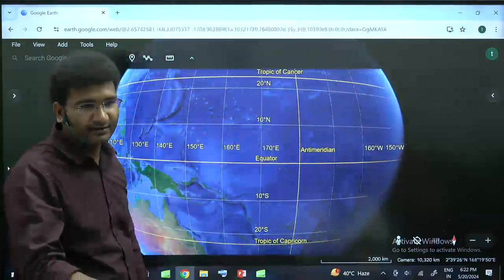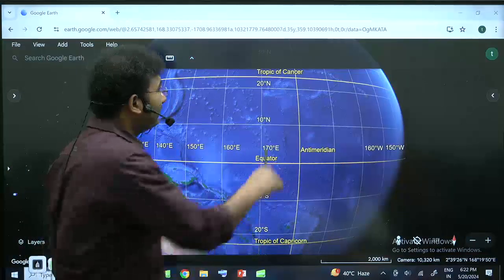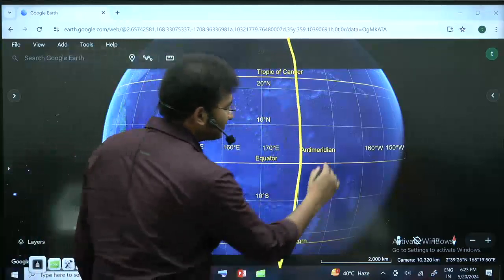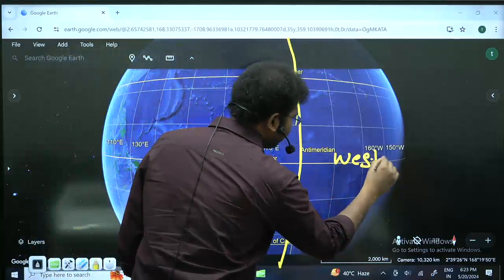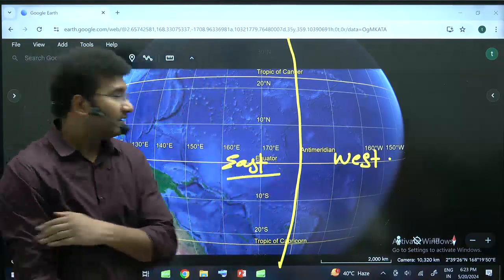Anti-meridian, that is 180. Right? Are you clear with this? Because I am going to tell a concept here. So this is west, this is east. Clear?